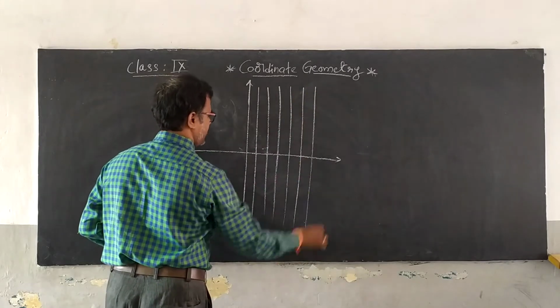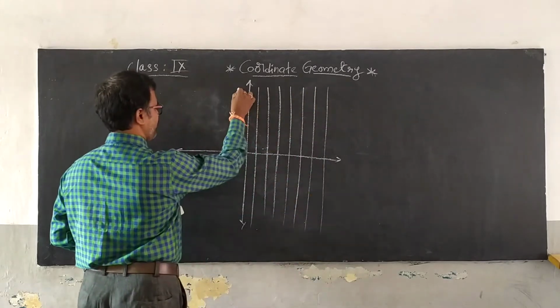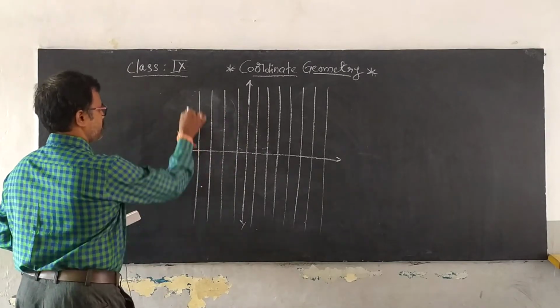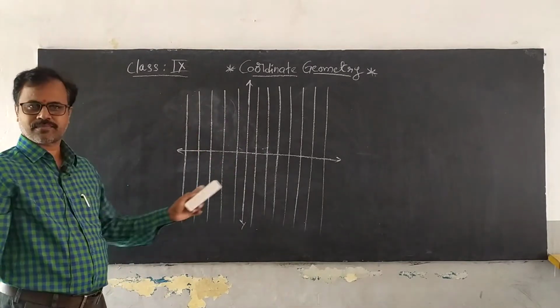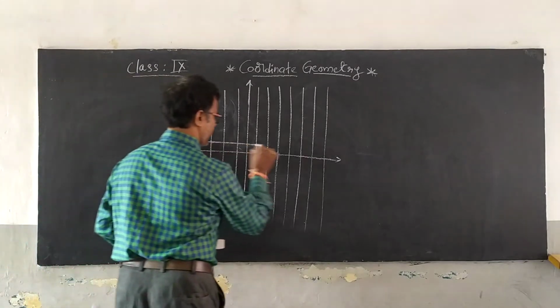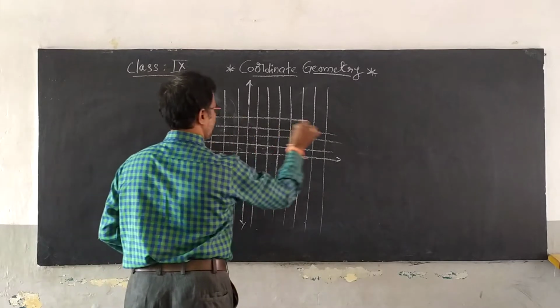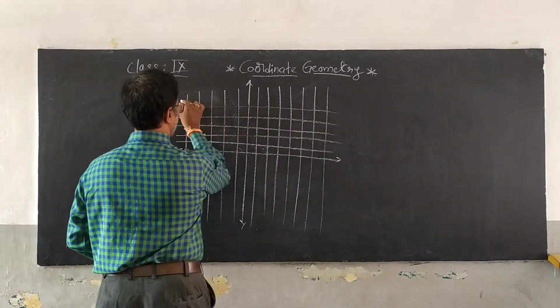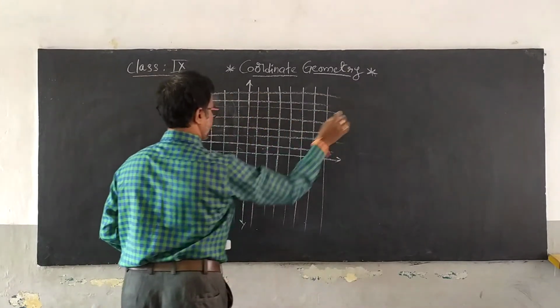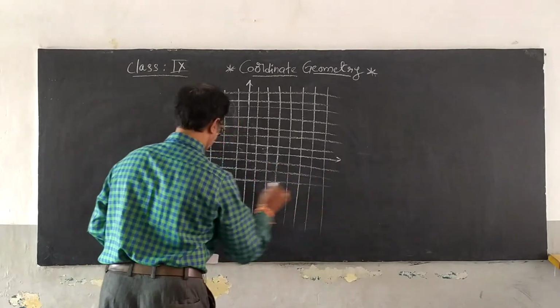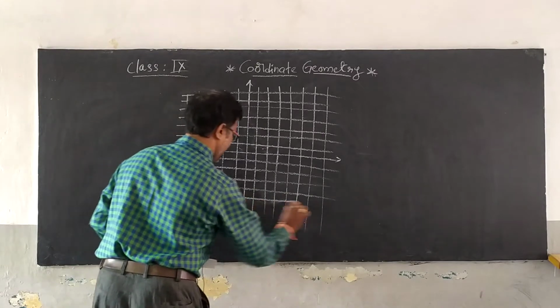These vertical lines represent the values of x. Similarly, the horizontal lines give the values present on the y-axis.